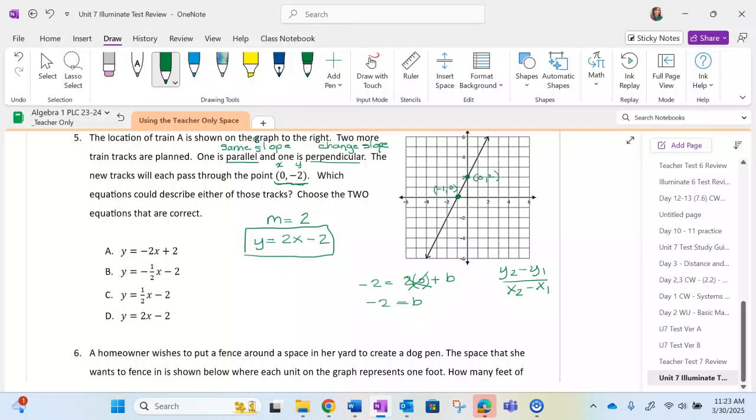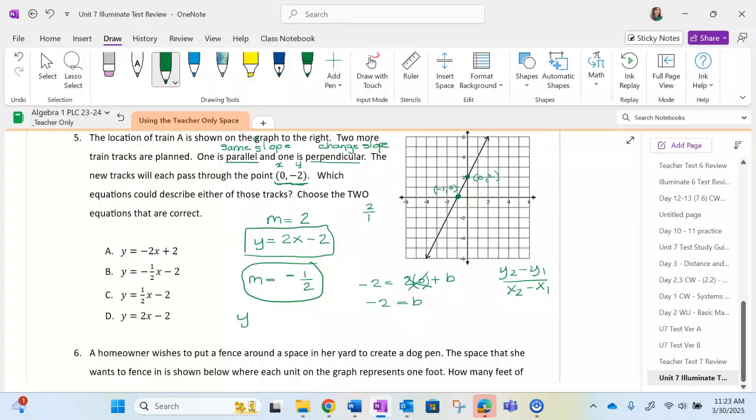Your other one is perpendicular, which means I have to take this slope and change it. So I have to make it negative. And then 2 is the same as 2 over 1. And if I flip it, it becomes 1/2. Then this is my other slope, -1/2. It's going to have the exact same y-intercept.